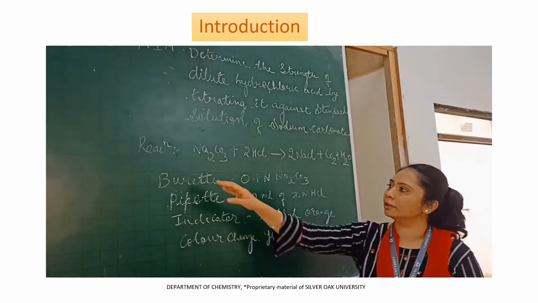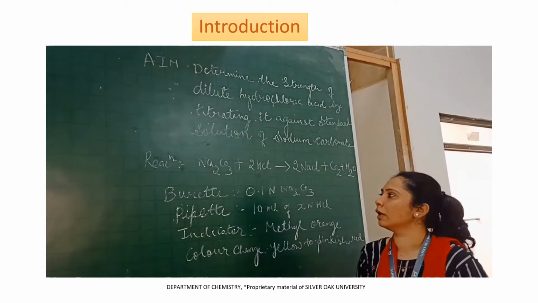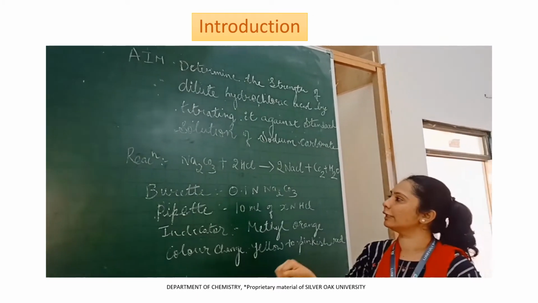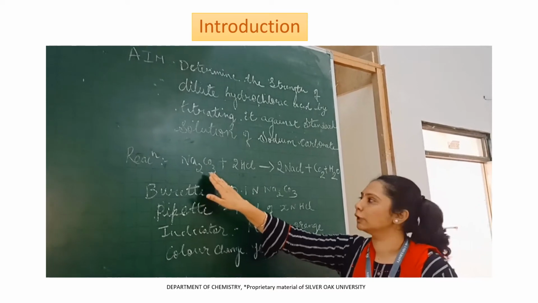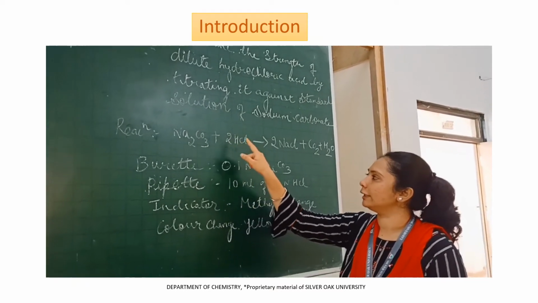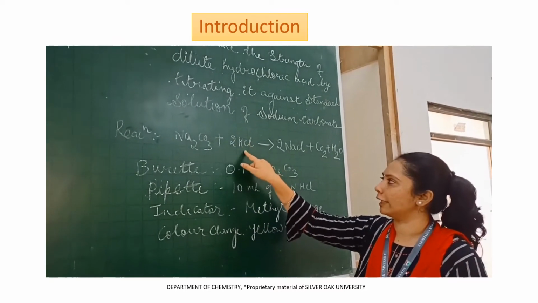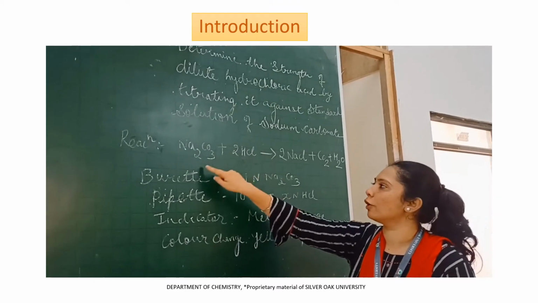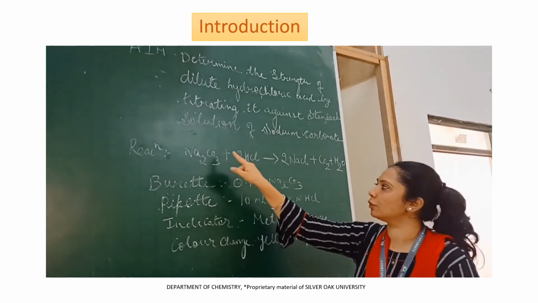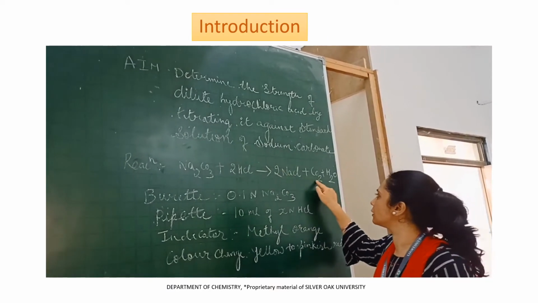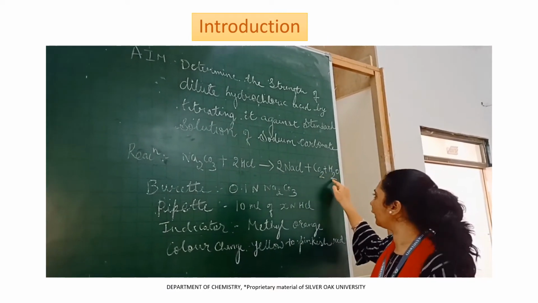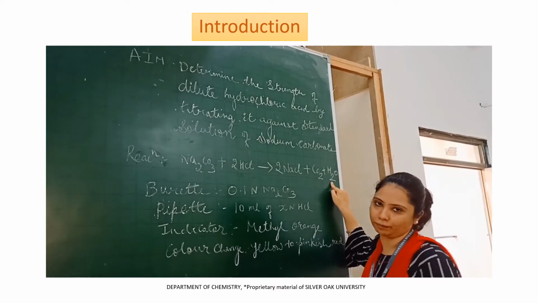Children, see here the reaction. In the reaction, you can see that Na2CO3, that means sodium carbonate, is titrated with HCl. So, on reaction of Na2CO3 with HCl, we get NaCl, CO2 as a side product and H2O as a side product.